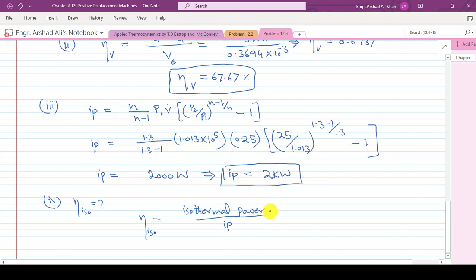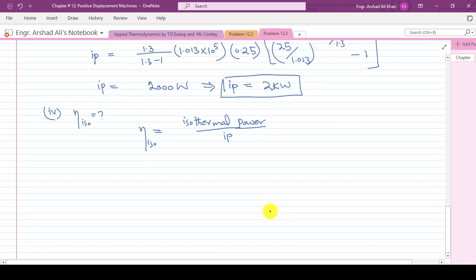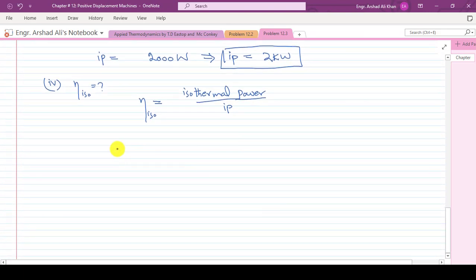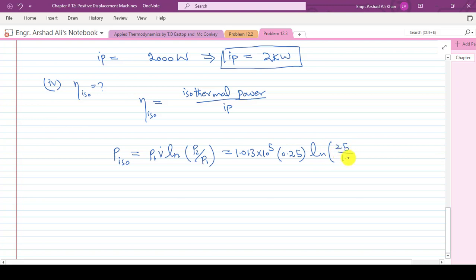So to find the value of isothermal power, we have the expression, that is isothermal power is equal to P1 V dot natural log of P2 by P1. So putting the values, P1 is 1.013 into 10 raised to power 5, V dot is 0.25, natural log of 25 by 1.013.